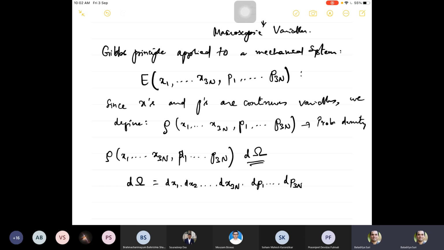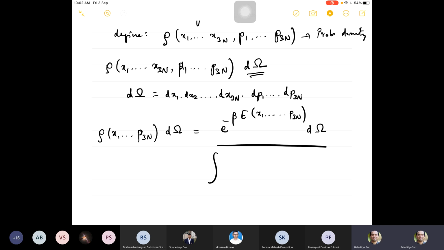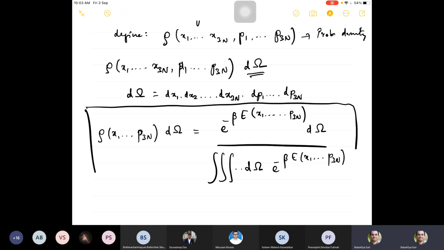Okay. And this probability can now be written as e to the power of minus beta E of x1 up to p3n, d omega, divided by the integral, where I usually mean a multiple integral over d omega, of e to the power of minus beta E of x1 to p3n. This is the most general expression for any mechanical system.